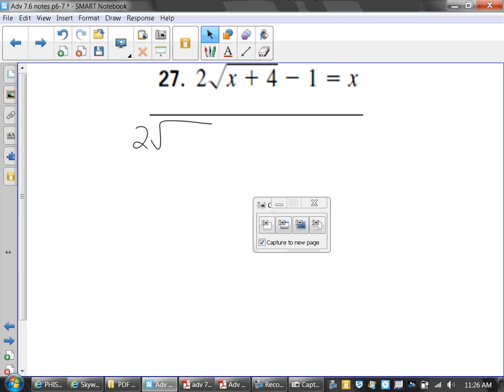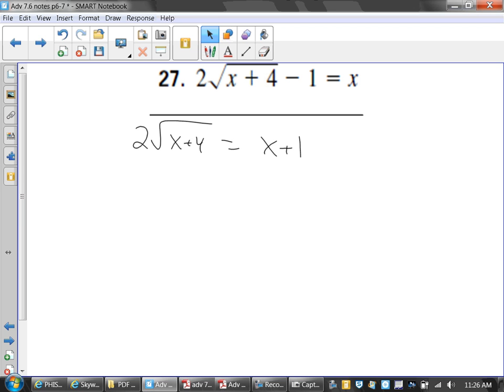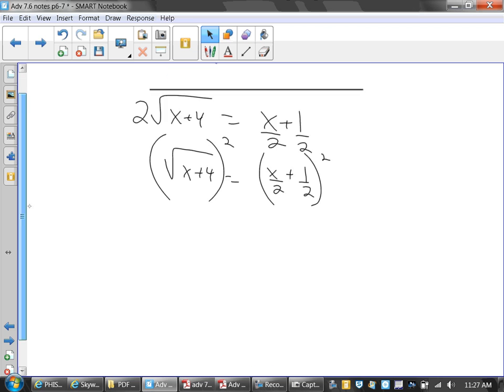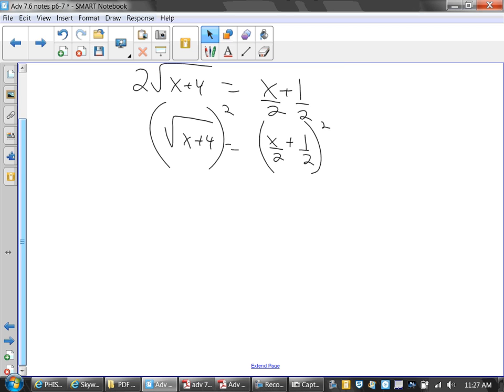We have 2 root x plus 4. Don't get lost in the fractions over here. So it's x plus 4.